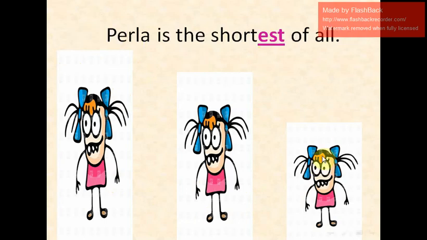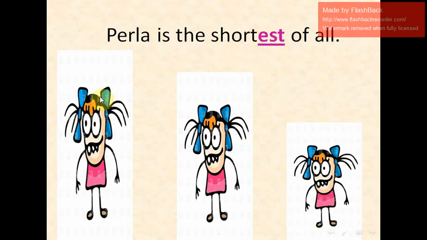Here it is. Perla is the shortest of all. She's the shortest one of them. So when I'm comparing three persons or three things here, we add est to the adjective short. It will be shortest.